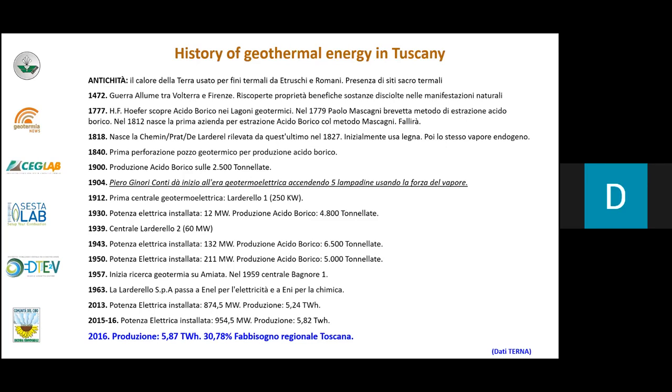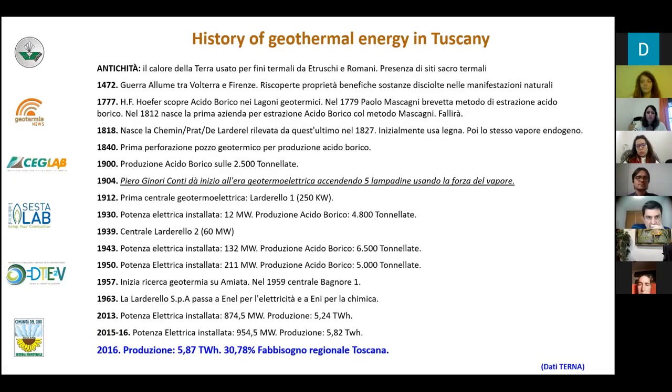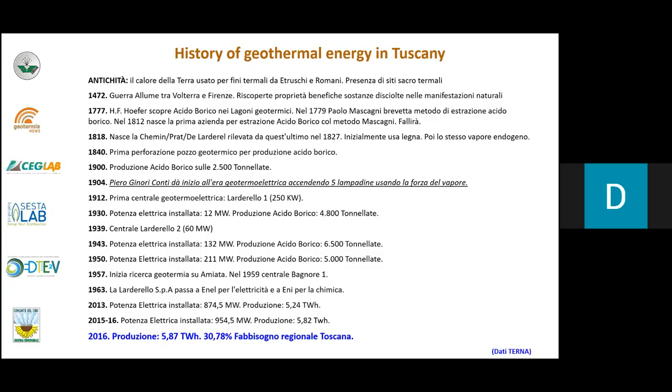Before, the boric acid was used in the pharmaceutical industry. Then, most recently, it was used in agriculture as a fertilizer, for the cultivation of vegetables.